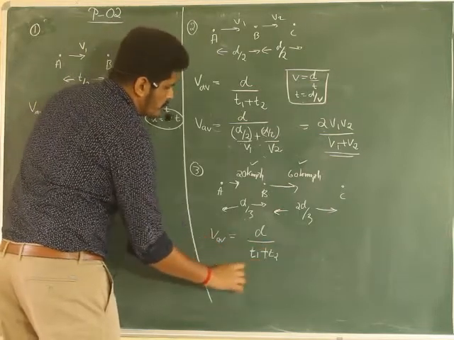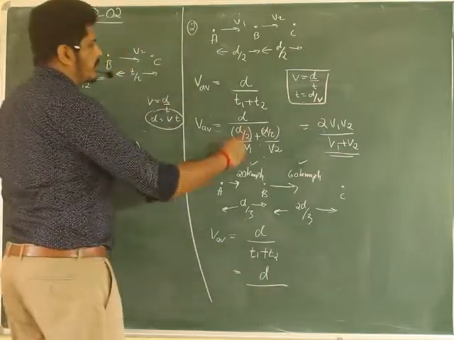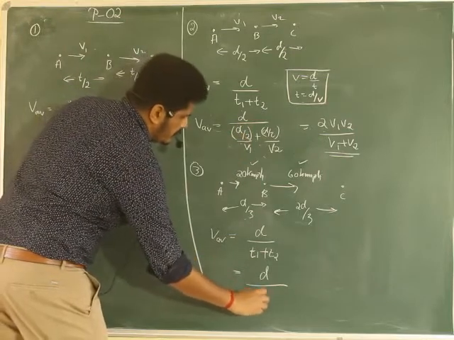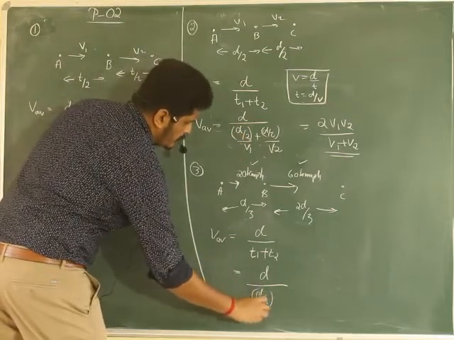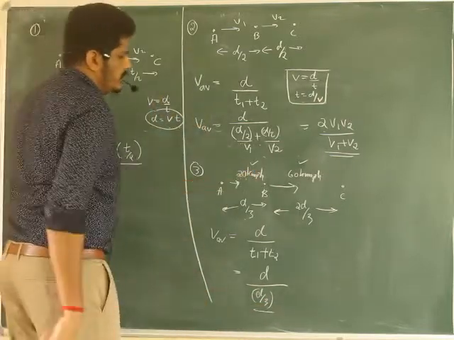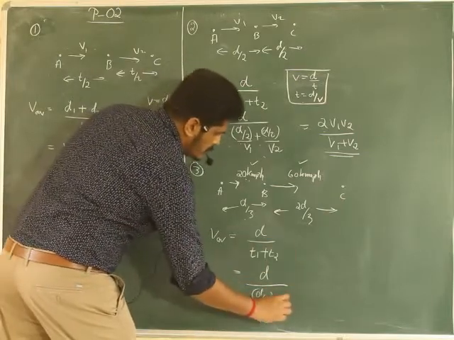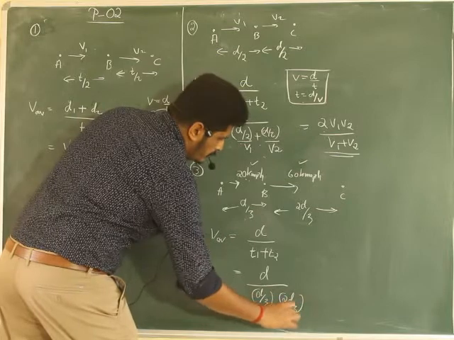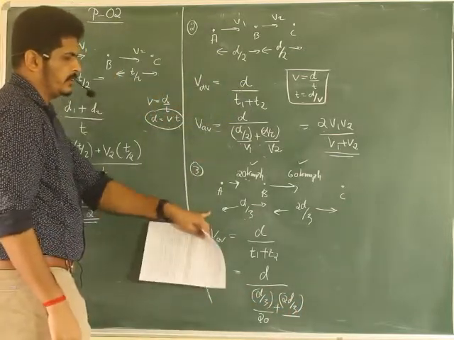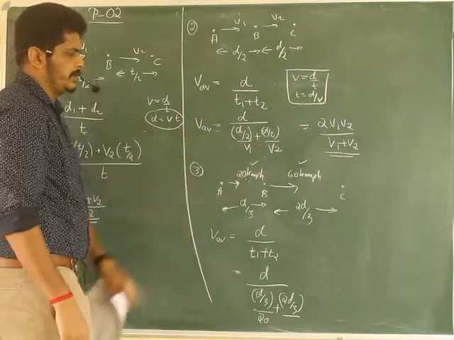Are the values of time mentioned in the question? No. So what are the substitutions I can get for T1 and T2? You can remember here: D by 3, 1/3 of the distance A to B, and the velocity V1 is mentioned here, it is 20. Next, the remaining distance 2D by 3. I hope you are understanding this step. It's almost similar to the previous one, but it includes numerical values.